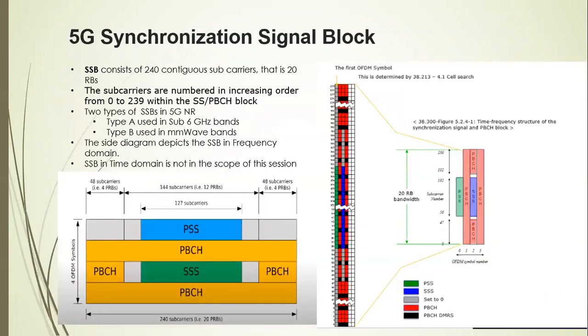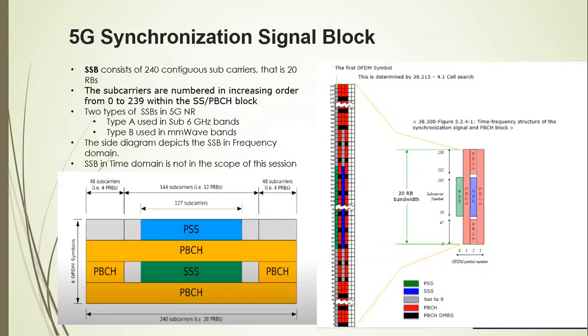So if you see the FDD-based PBCH information and the spectrum resource element grid, the SSB consists of 240 contiguous subcarriers, and that means the SSB is transmitted over 20 resource blocks.